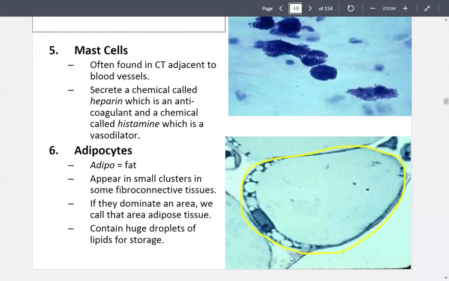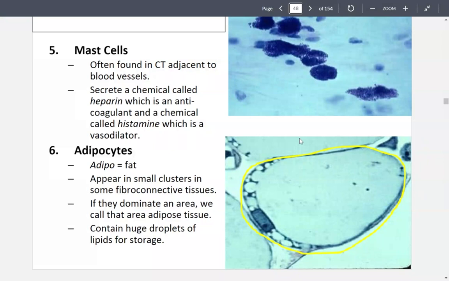Adipocytes are another connective tissue cell that we're going to be talking about here. Adipo, you guys know, is fat. That one is concrete, never changes. And adipocytes are going to appear in small clusters within some fibroconnective tissues. Here we have an adipocyte right here.